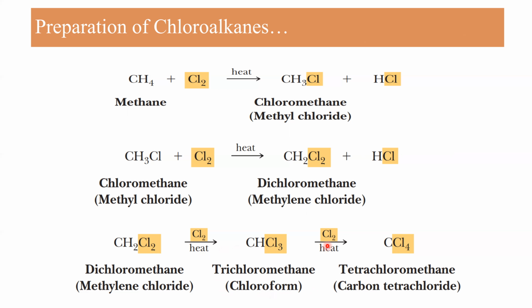So again, if the chloroform continues and we have enough halogen to react with that, we can get tetrachloromethane. This is carbon tetrachloride. It is again one of the common organic solvents you may know present in your organic labs.